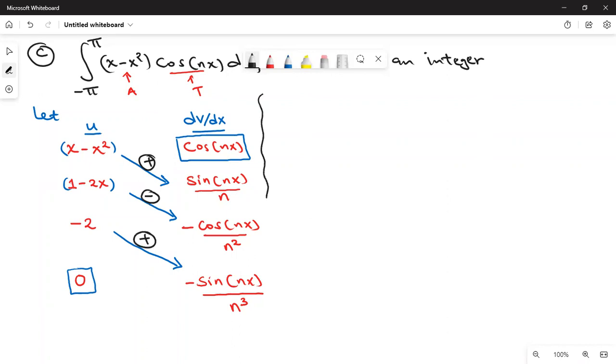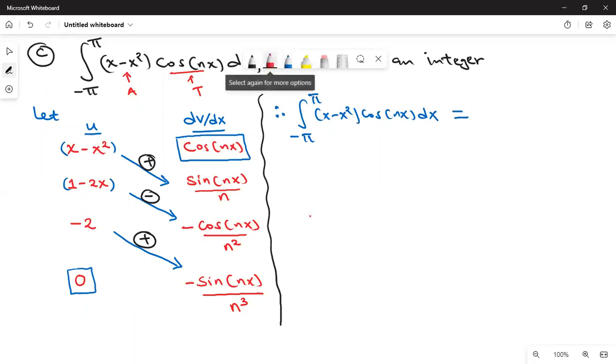So when you come back here, we now say that therefore, our integral from negative pi to pi of x minus x squared times cosine of nx dx is now equal to, the first one is x minus x squared.